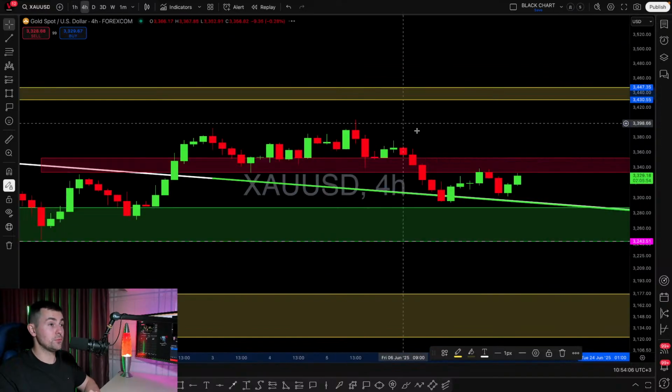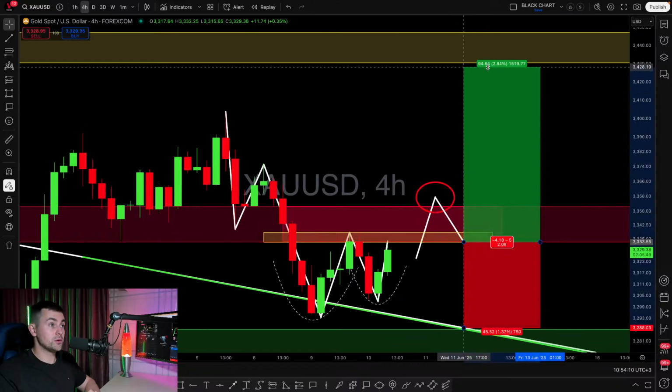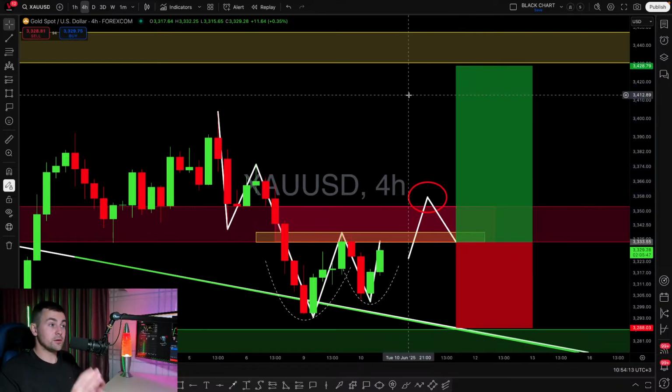So returning to the 4-hour time frame, let's examine our trade. That is going to be our swing long trade for gold.